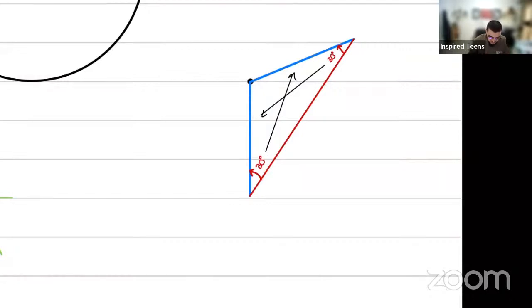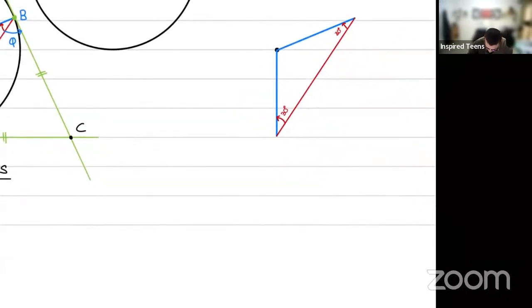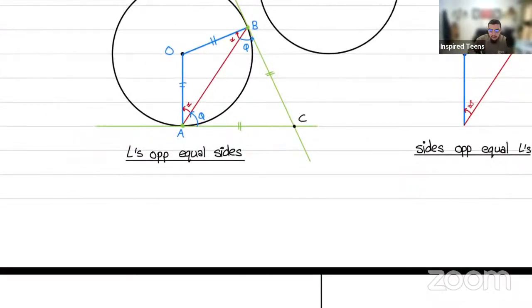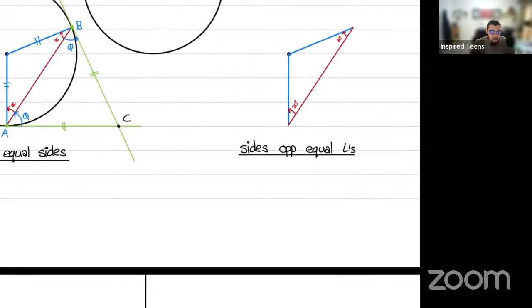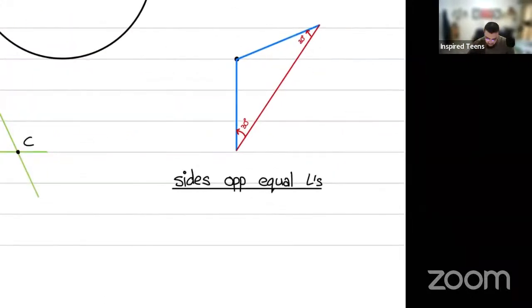The reasoning is just slightly different. In this one, you would say sides opposite equal angles. In the first one, we are saying angles opposite equal sides. Here we are saying sides opposite equal angles. So you can conclude that this is equal to that.